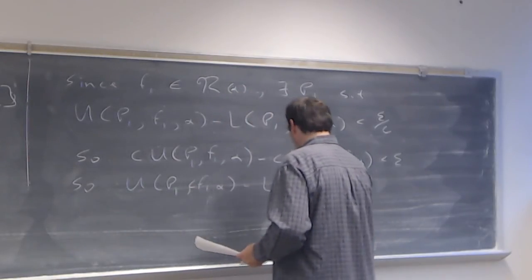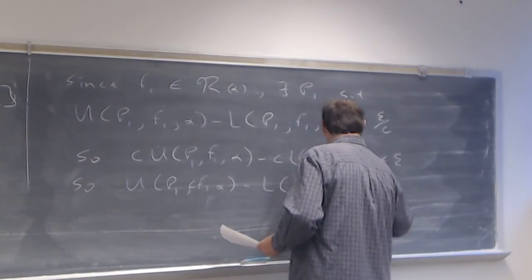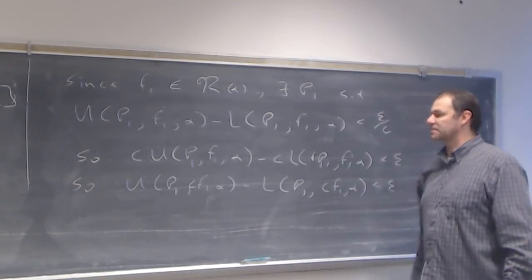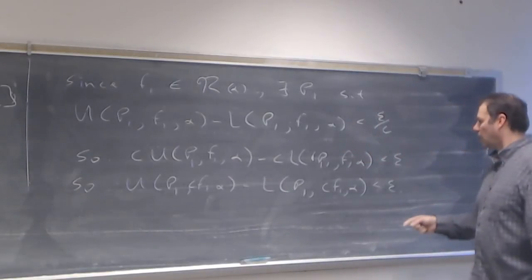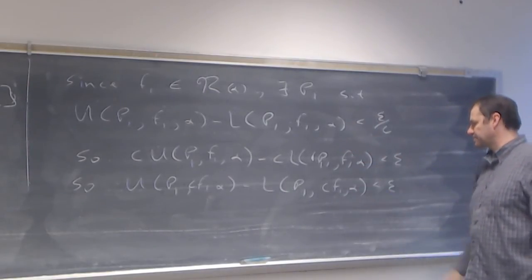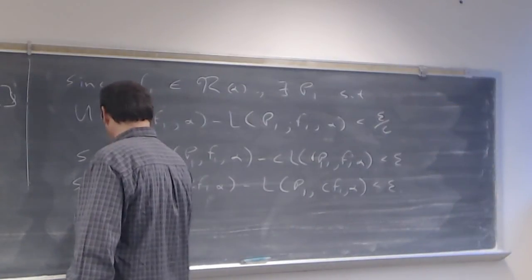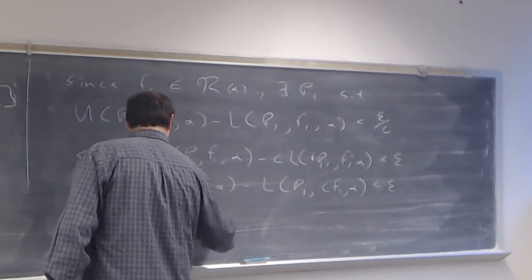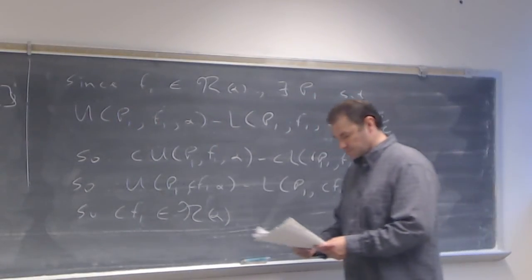Minus the lower sum of P_1, C f_1, and alpha, that's going to be less than epsilon. So what we produced is this partition such that the upper sum with that partition of this function, C f_1, minus the lower sum of that partition, C f_1, is less than epsilon. So what that says then is that C f_1 is a Riemann-Stieltjes integrable function. We got one more part to do.